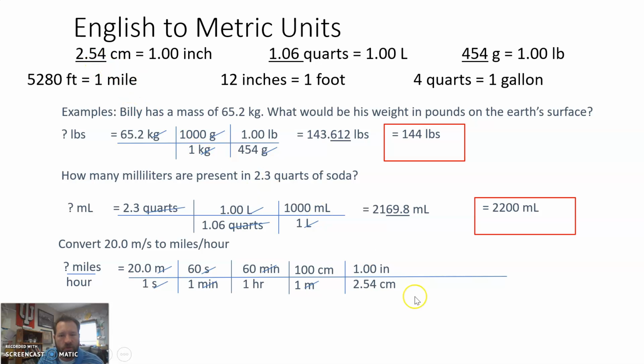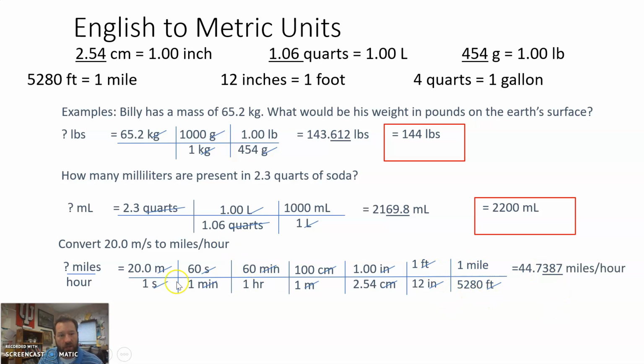Now that I have centimeters, I can go to inches. Now that I'm into the English system, the American system, hopefully we're all comfortable with going from inches, 12 inches in a foot. So inches have canceled out. And then finally, 5,280 feet in a mile, 5 tomatoes. So there's our conversion from feet to miles.